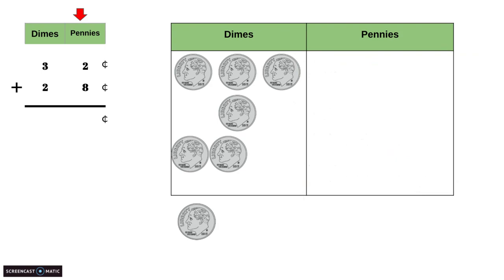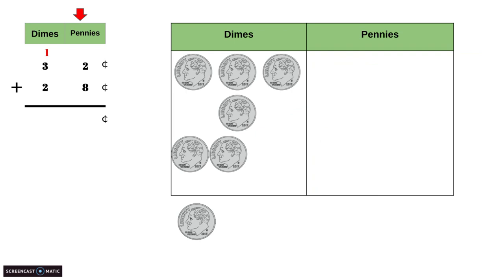Now we have 0 pennies because we put an extra dime in the dime section. So now instead of having 1, 2, 3, 4, 5 dimes, now we have 1, 2, 3, 4, 5, 6 dimes.